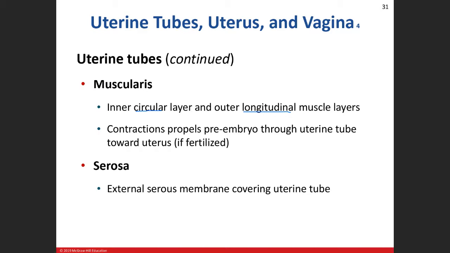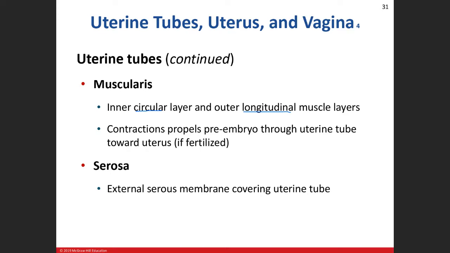If the oocyte is fertilized, now it's a race against time, because we have to make sure we can get the embryo to implant onto the uterine wall, so we can start the development phase for our embryo, okay?